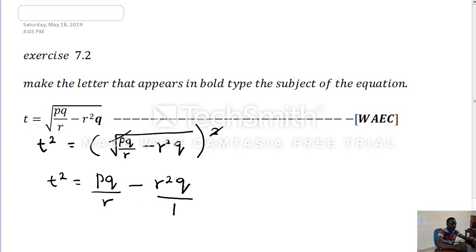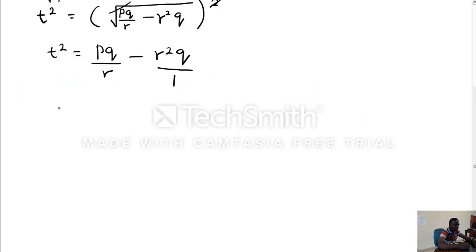Okay, so what I'm going to do is to first of all factorize out q. So this is going to be t squared is equal to, before I factorize out q, I'm going to find the LCM of these two fractions. That will be, the LCM is r, and this is going to give me pq minus rq cubed.